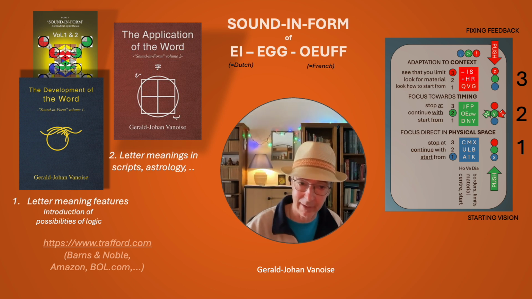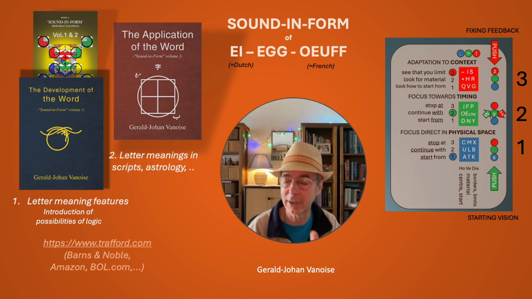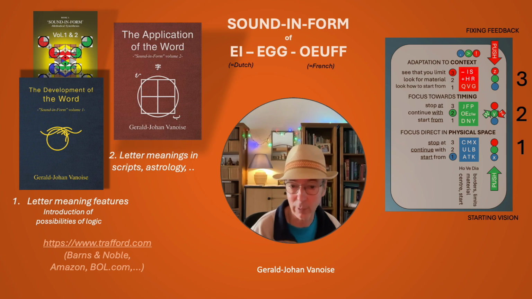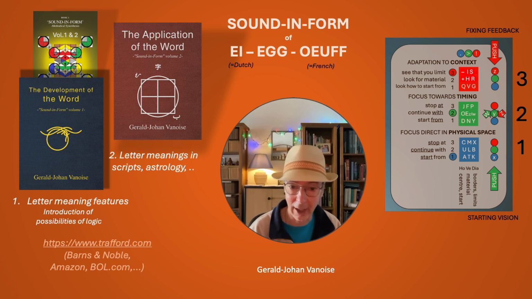I have a backing theory, which I have written some books about as well. The backing theory, you see it summarized there at the right, says that every letter has a specific focus, and these focuses are a combination of very, very specific descriptions, and by combining them we have a reference frame in which we say what we think it is, how we think it looks, and how we think it deserves our approach.